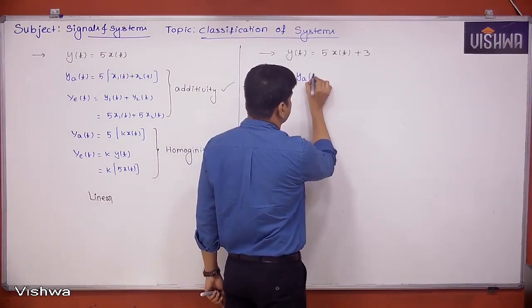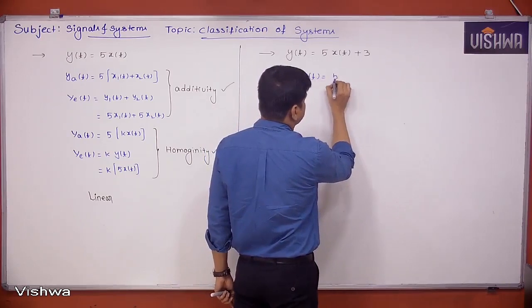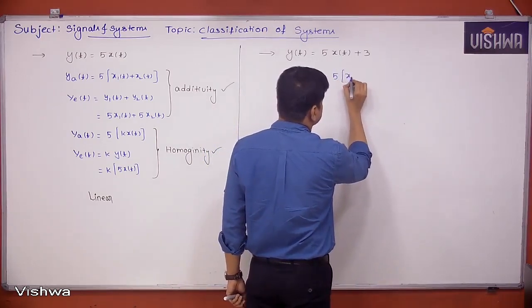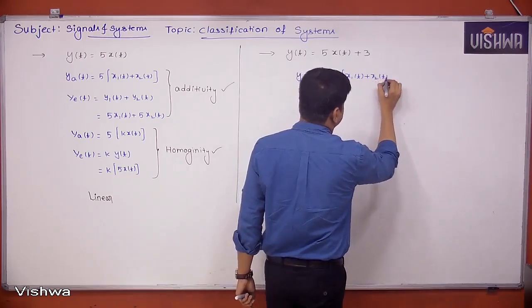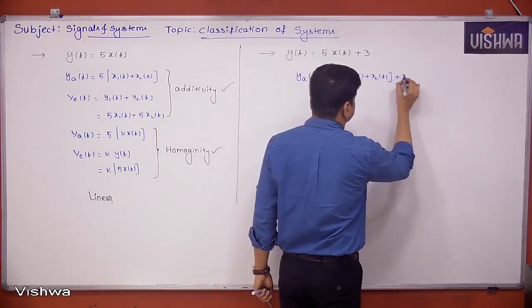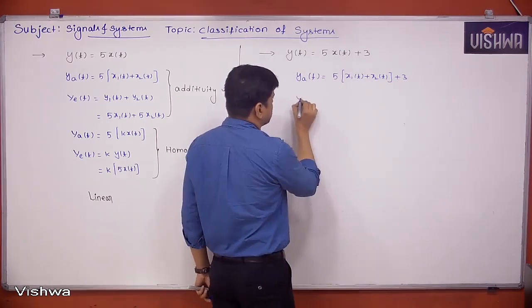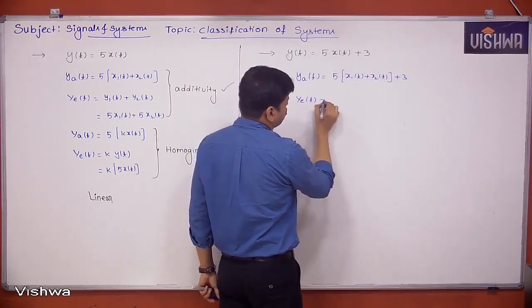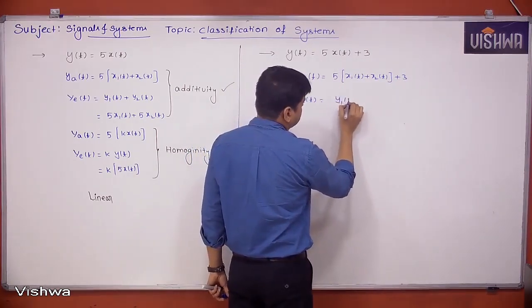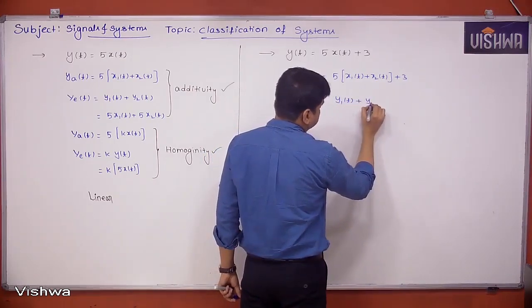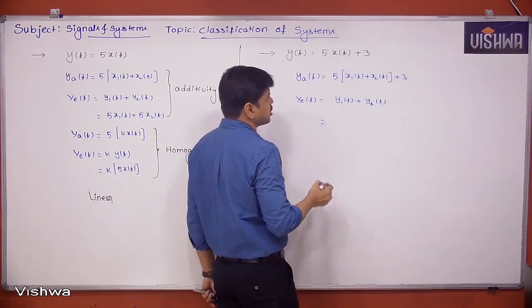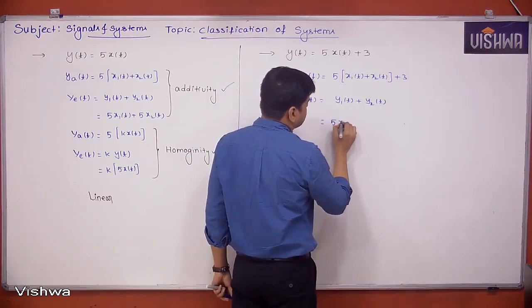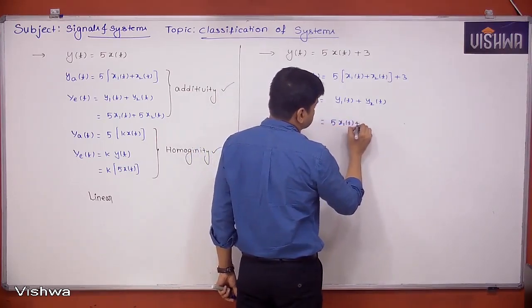Actual output for the additivity principle: wherever x is there, that has to be replaced with x1 of t plus x2 of t, plus 3. Now, what is the expected output? y1 of t plus y2 of t. y1 of t, if x1 of t is the input, is nothing but 5 x1 of t plus 3.